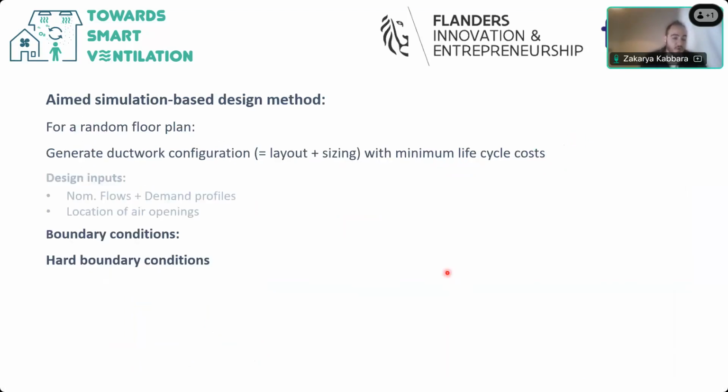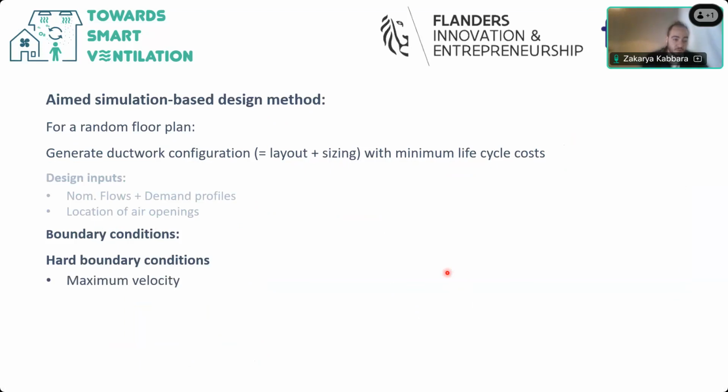After the design inputs, we also feed the design method, the simulation-based method, with boundary conditions as well. These include hard boundary conditions and soft boundary conditions. What I mean by hard boundary conditions is that the design has to achieve these conditions no matter what. Otherwise, if the design is not able to achieve these conditions, it will be considered unfeasible.